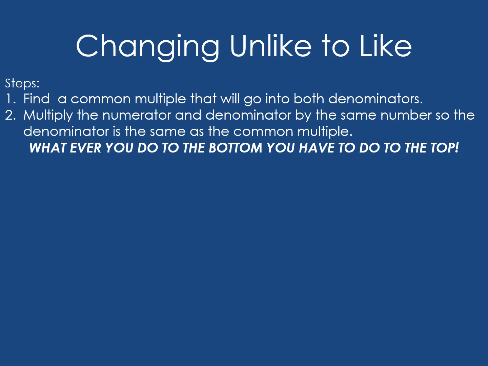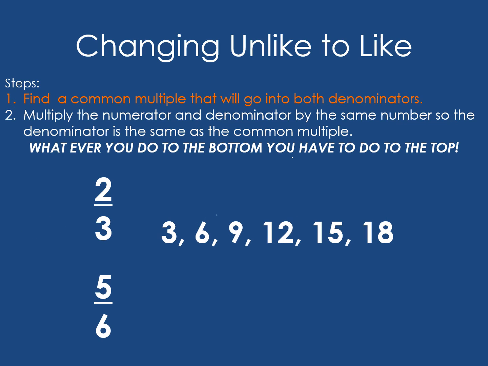Multiply the numerator and denominator by the same number so the denominator is the same as the common multiple. Whatever you do to the bottom, you have to do to the top.